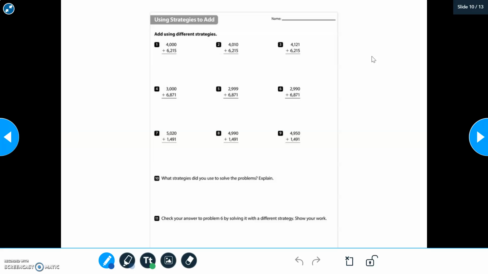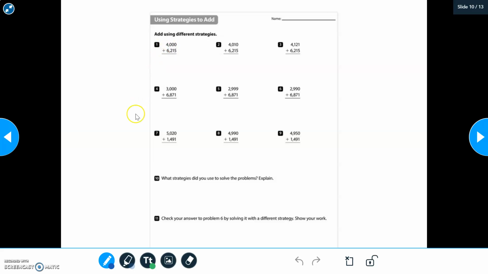So today, I'm going to use 2 strategies. I'm going to use the expanded form, which is kind of like breaking your number or decomposing your number up into expanded form. And I'm also going to use the standard algorithm. So for number 1, I'm going to solve it by using the expanded form.